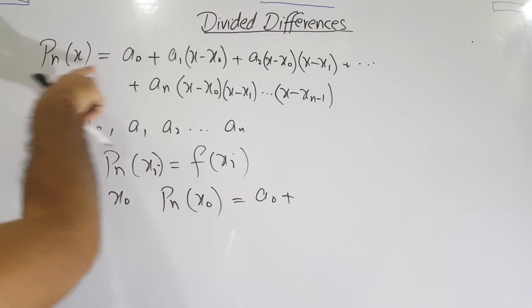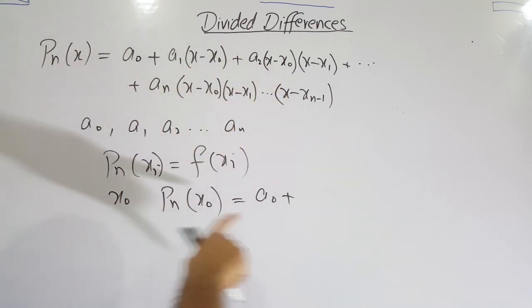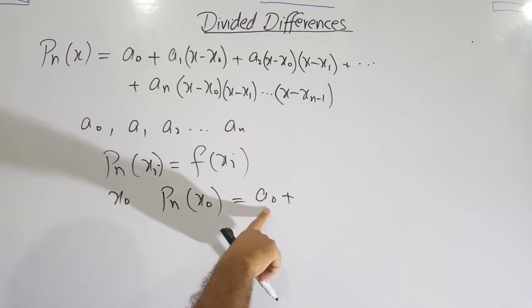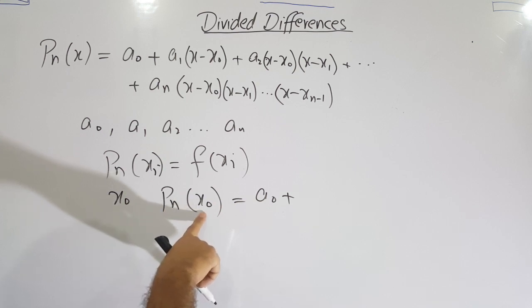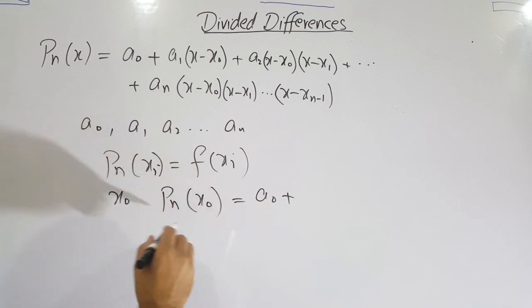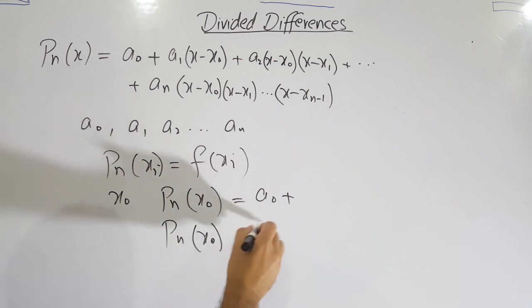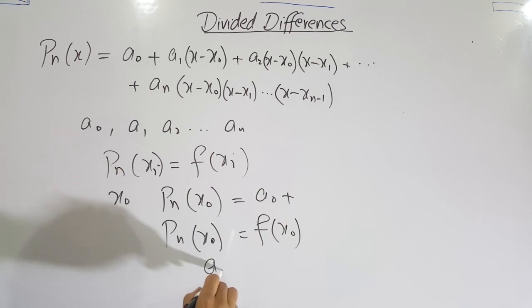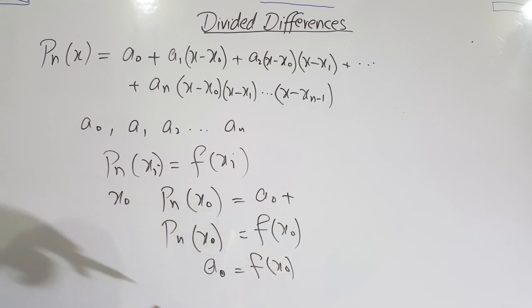If we put x0, all the terms become 0 except a0. So we get Pn of x0 is a0, and Pn of x0 would also be f of x0. So this gives us a0 is f of x0.